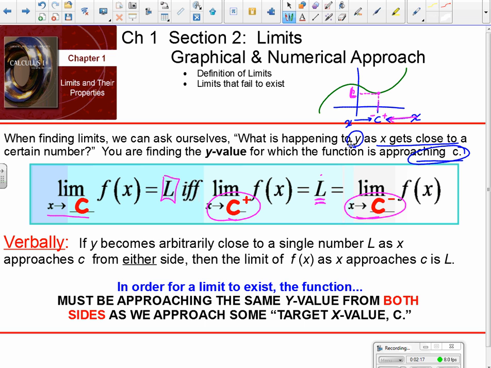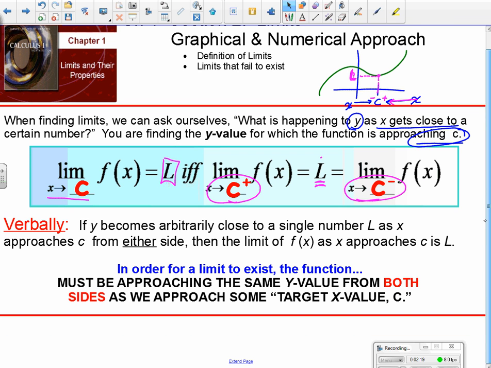So left side, right side, it becomes very, very important in order for a limit to exist.